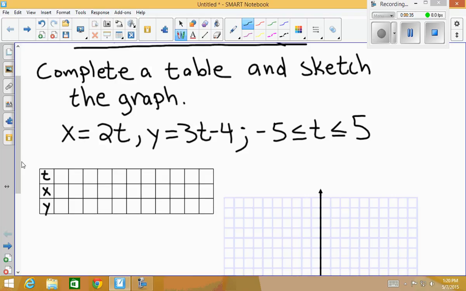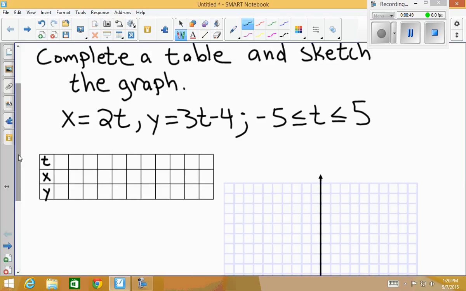So complete a table and sketch the graph x equals 2t, y equals 3t minus 4, where t is between -5 and +5 inclusive. So what we would do is we would complete a table. So we need to pick some numbers for t, and they need to be between -5 and 5.